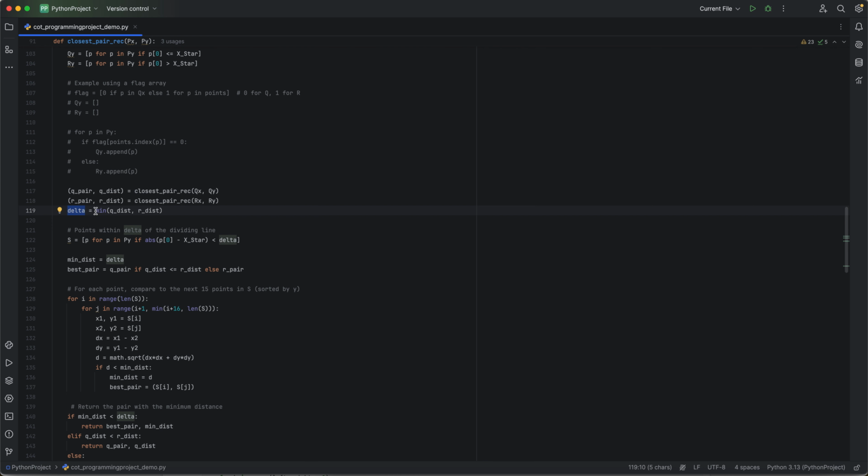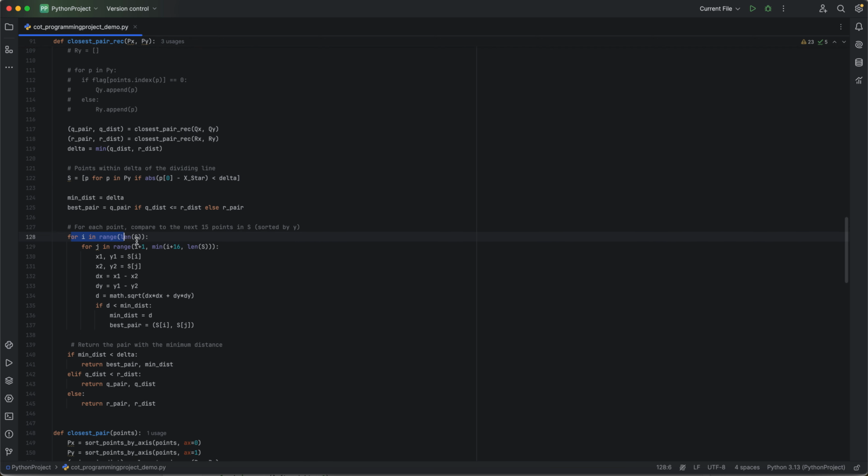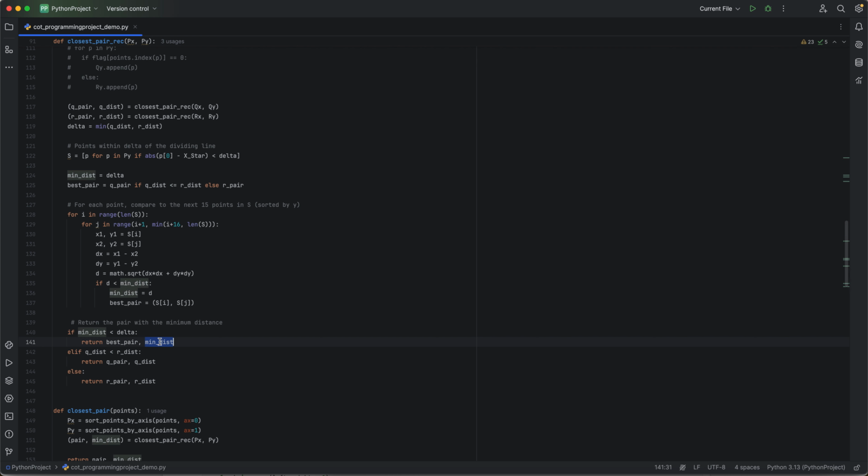So with delta, we have the smallest distance, and with it we get a list of elements that are between the lines and within delta distance, right? With this list of elements, we search, and we look at the next 15 elements on this list to see if there is one that is smaller than what we have found until now. If we find one, we return the best pair and the minimum distance as well. So that's the general idea here.